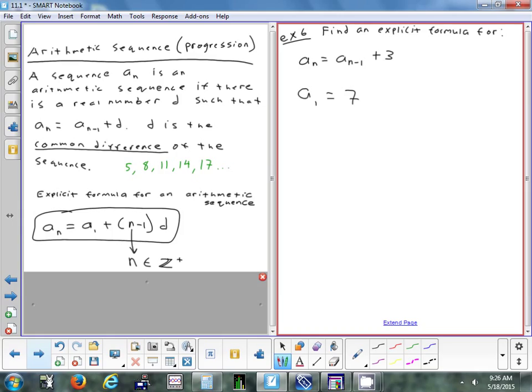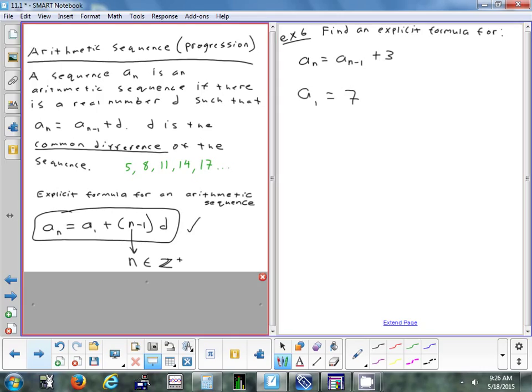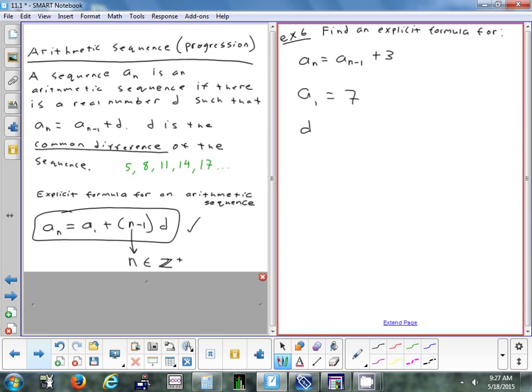So really, using this trick right here, you don't even need to list out the terms. This formula kind of takes all the guesswork out of finding an explicit formula for an arithmetic sequence. All we need is the first term. Okay, now we've got it. And what's my common difference? Or what am I adding each time to get to the next term?